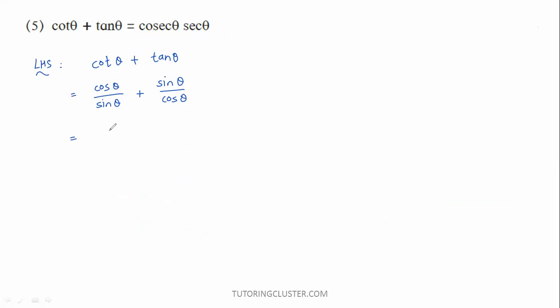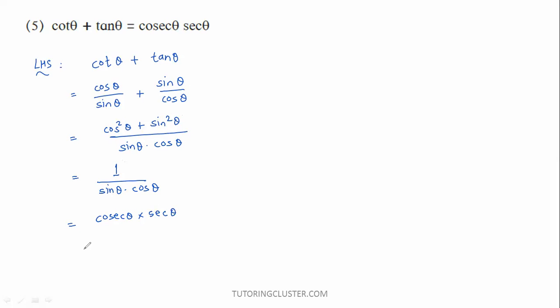So cos theta into cos theta, cos square theta, plus sin into sin, sin square theta, divided by sin theta into cos of theta. What is sin square theta plus cos square theta? Which is equal to 1 divided by sin theta into cos of theta. What is 1 upon sin? Cosec theta into 1 upon cos, sec theta, which is nothing but your RHS. Very simple examples will be there. Okay, use your basic knowledge, nothing complicated.